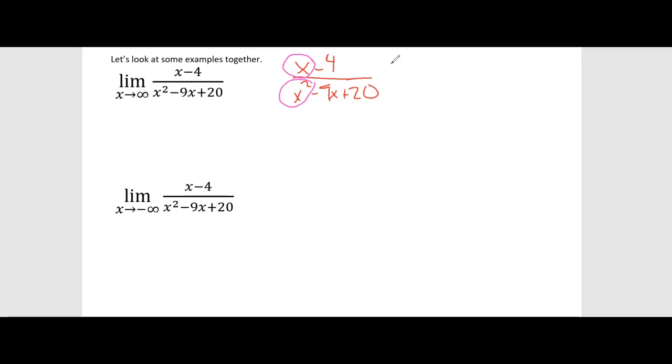Because, well, it's pretty clear for the numerator, right? As x gets larger, the -4 plays less and less of a role, becomes far less significant. For the denominator, as we square our x, that's going to become more significant than just multiplying x by -9, as long as the numbers are large enough.